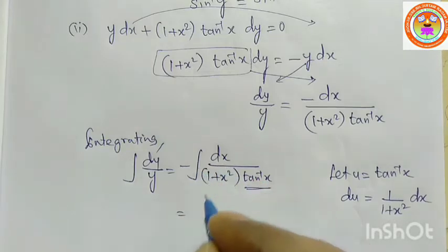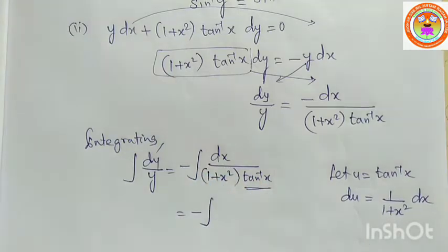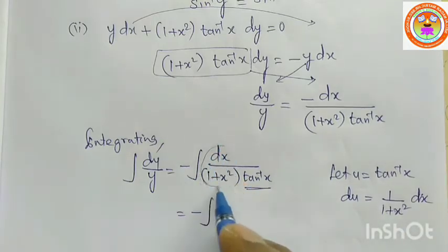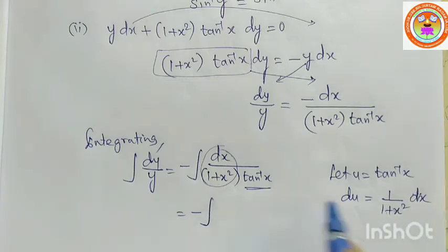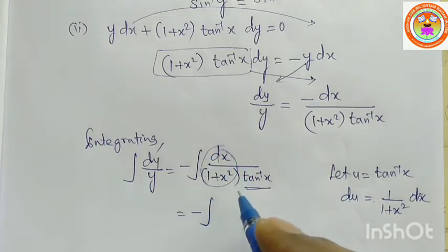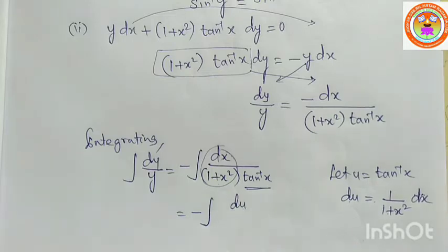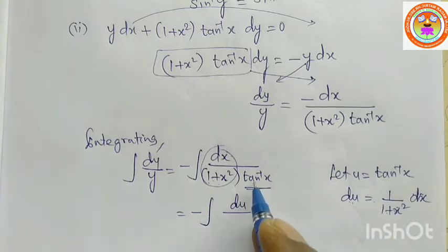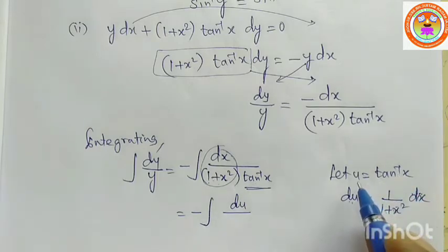So, in this term, minus the integral of dx by 1 plus x square, both are the same, right? So, dx by 1 plus x square is nothing but du. We can replace these two terms as du, because dx by 1 plus x square is equal to du, where u is already taken as tan inverse x.